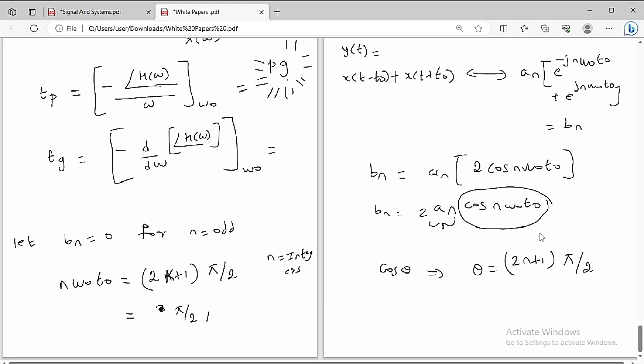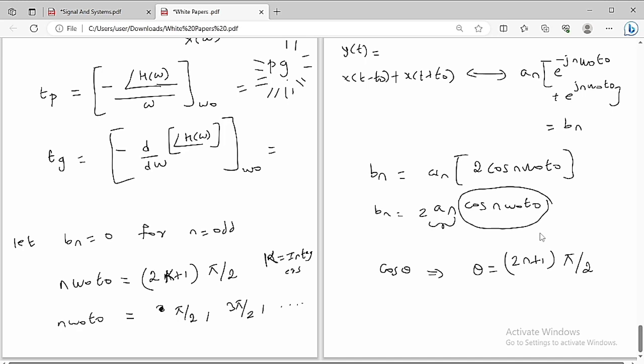Let us take k here, k is the integers. If we substitute k is equal to 0, we are going to get pi by 2. If we substitute k is equal to 1, we are going to get 3 pi by 2. So n into omega naught t naught, if this value is equal to either pi by 2 or 3 pi by 2, then the function value is equal to 0.